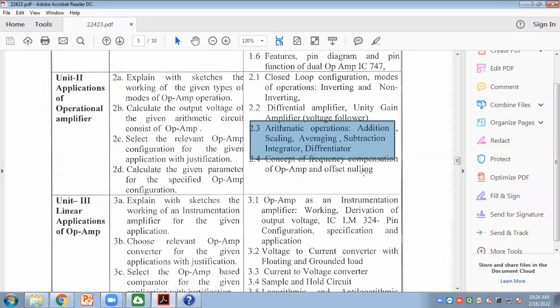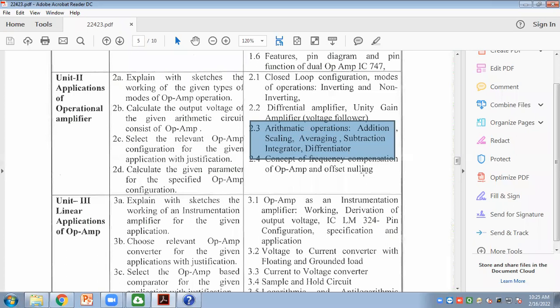Then scaling amplifier. Scaling amplifier means what? Suppose the input voltage is fixed, 2 volt, but we require an output voltage of 10 volt. The requirement is 10 volt, but we have only 2 volt. So 2 into 5 is equal to 10. So the multiplying factor is 5, and the multiplying factor is nothing but your gain.